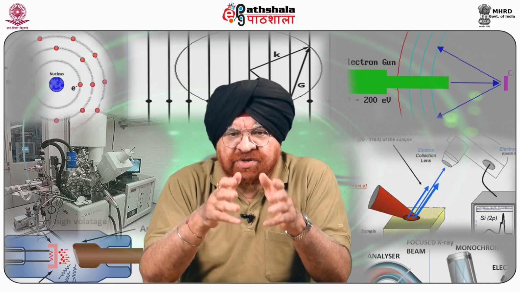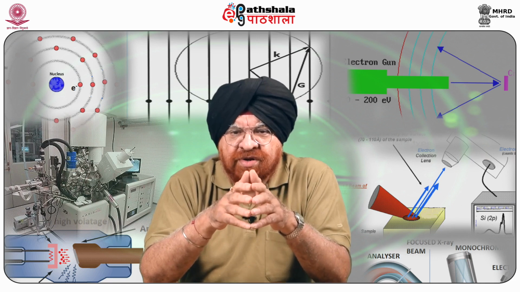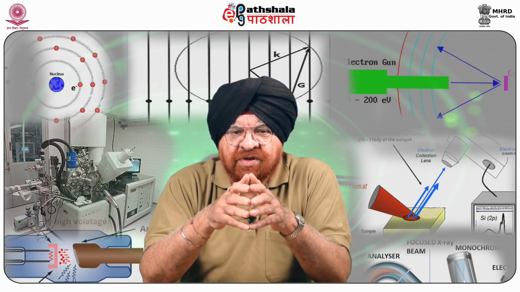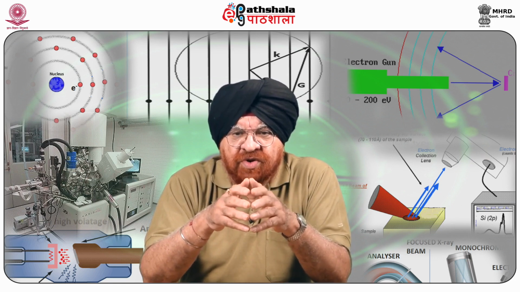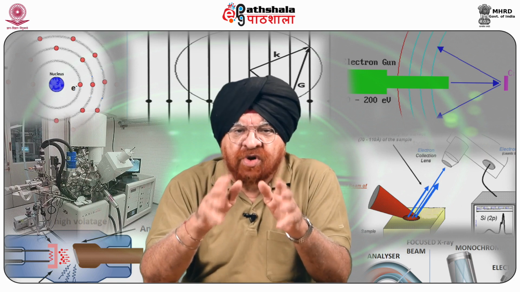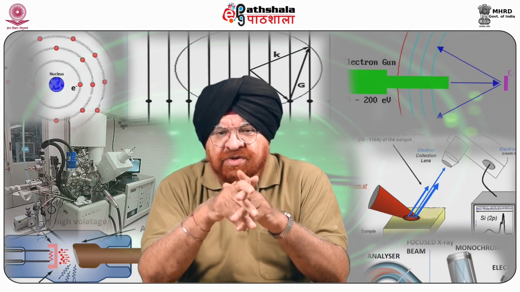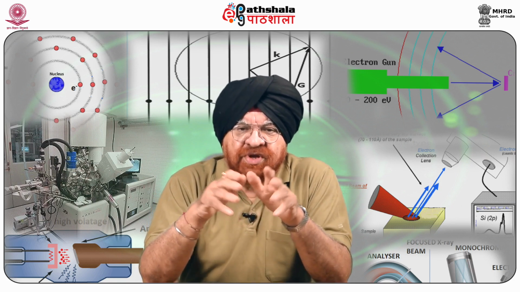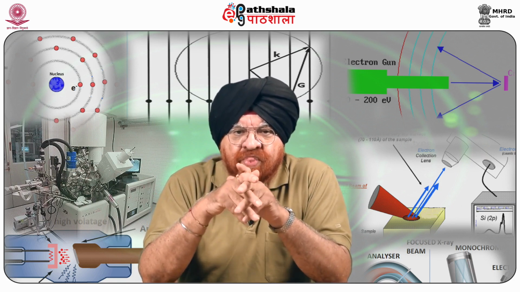In order to get a reasonable erosion rate, combined with a flat sputter crater in the bottom of which only a central part actually contributes to the analysis, to avoid redeposition of the crater walls.